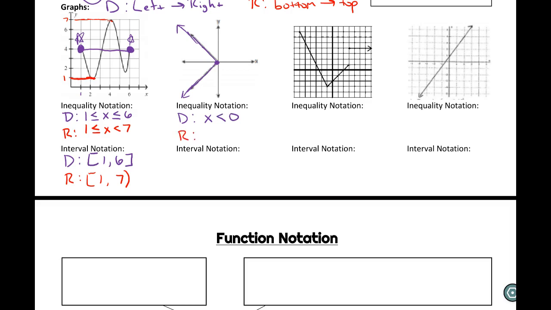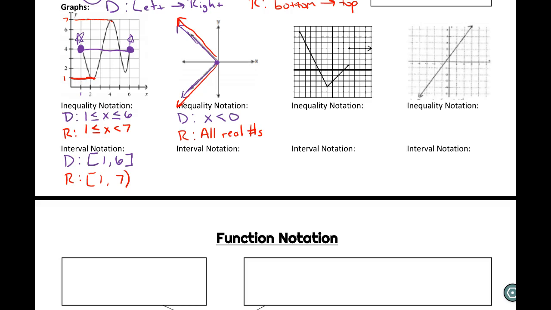My range, however, is a little harder to figure out. It's going on forever. It's going up indefinitely, and it's going down indefinitely. Eventually, it's going to hit infinity. So I can just say that my range is all real numbers. That basically means all the numbers, from negative infinity all the way to infinity and beyond.